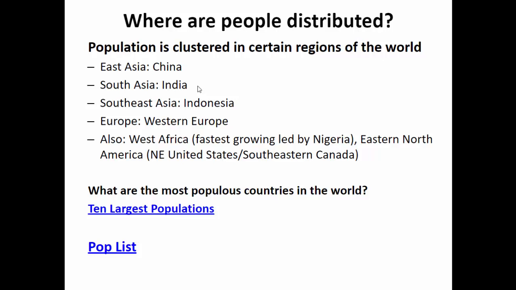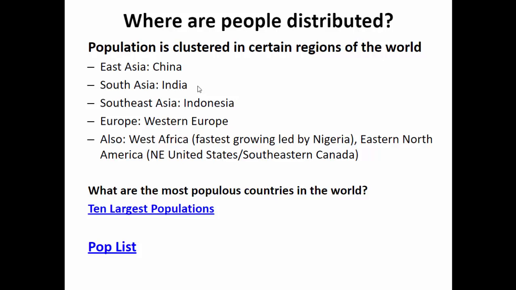On top of that, we have some pretty populated countries like Vietnam. And sometimes the Philippines is thrown into Southeast Asia, and they are a very populous place as well. So all 3 of the biggest population clusters in the world are in Asia: East, Southeast, and South Asia. Together, they make up over 50% of the world's population.